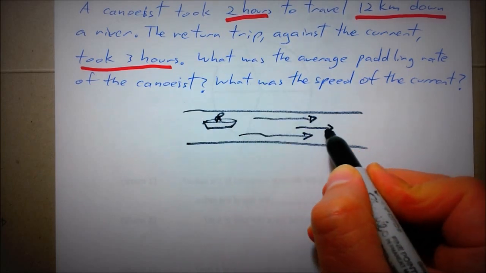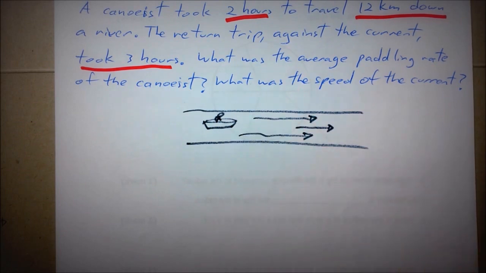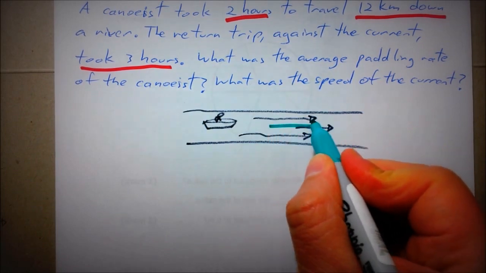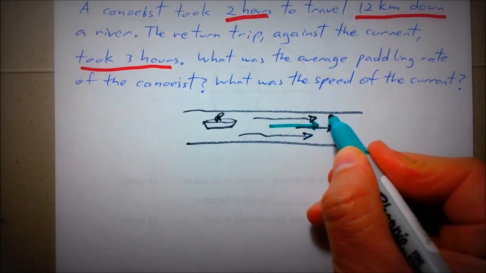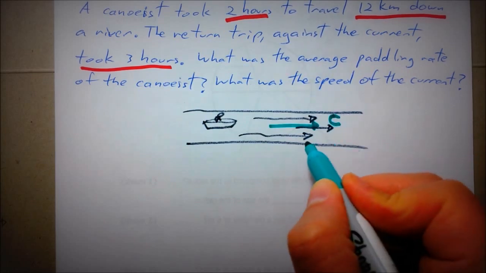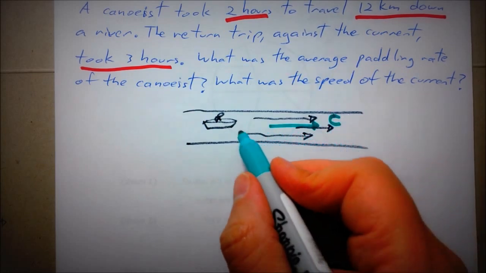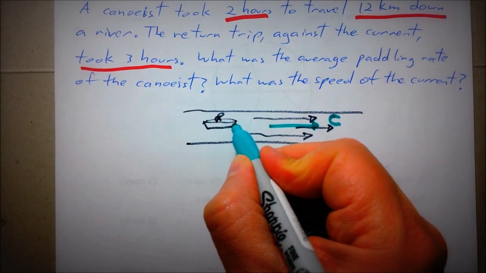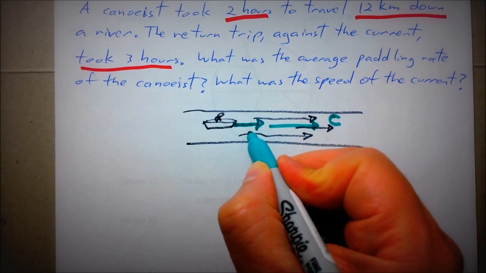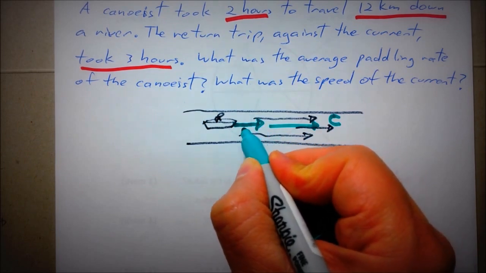And also you have the paddling rate of this person. So let me put different colors for this. So here's the current, and let's label the current with the letter C. We don't know what the current rate is, but let's label it with the letter C for current. And then the paddling rate of the canoeist, let's label it with the letter P.